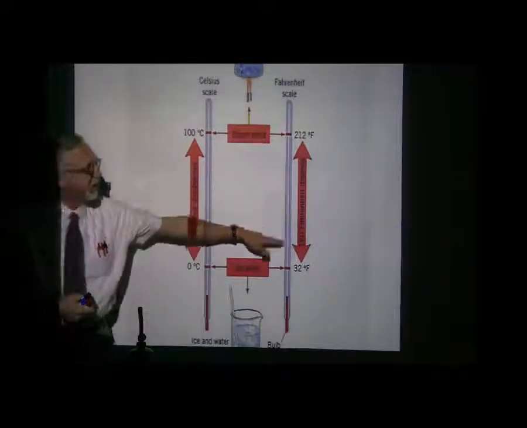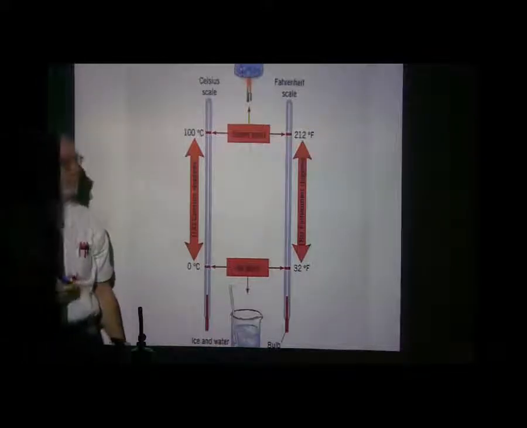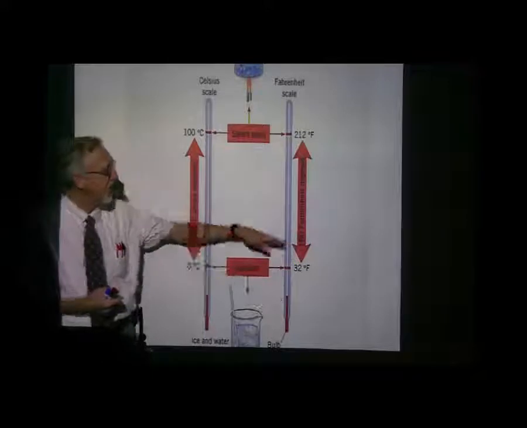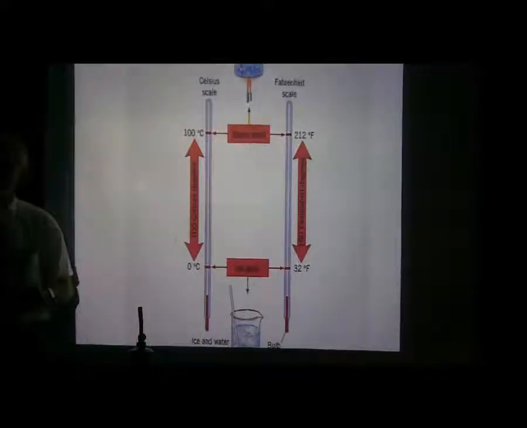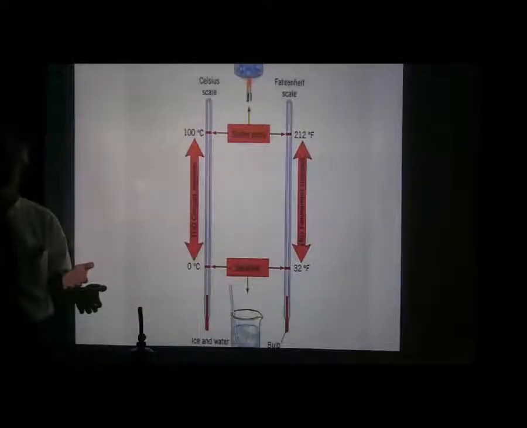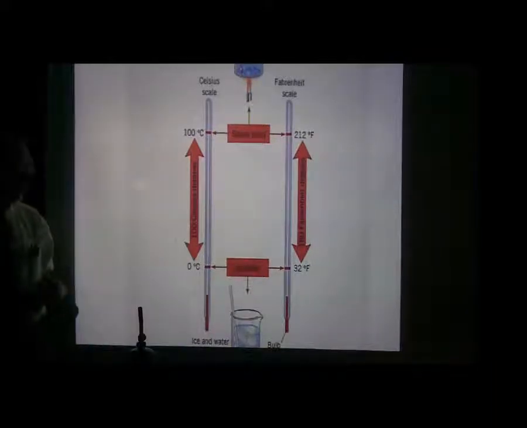So, one temperature scale was developed by a scientist who studied heat by the name of Fahrenheit. His temperature scale, he defined in terms of two different temperatures. 0 degrees was the temperature of the coldest day in winter, and 100 degrees was his average body temperature, or what he thought was his average body temperature.